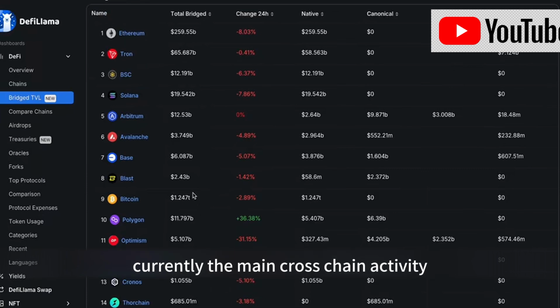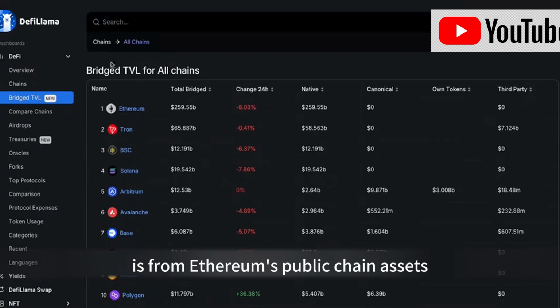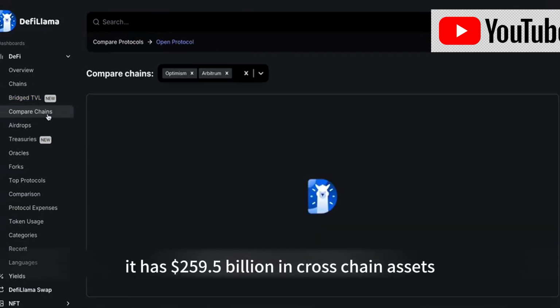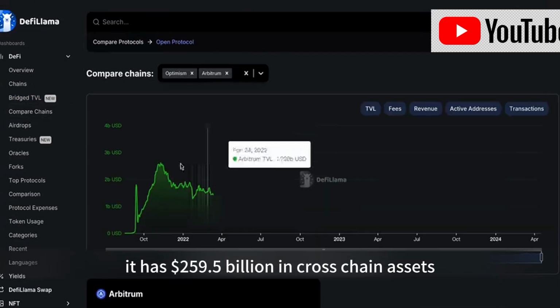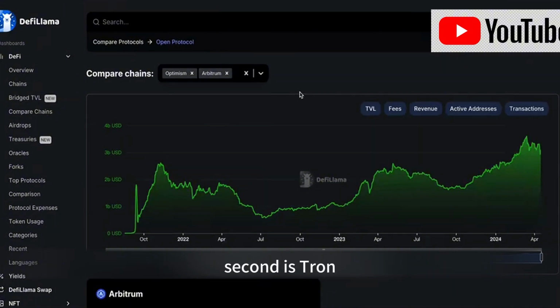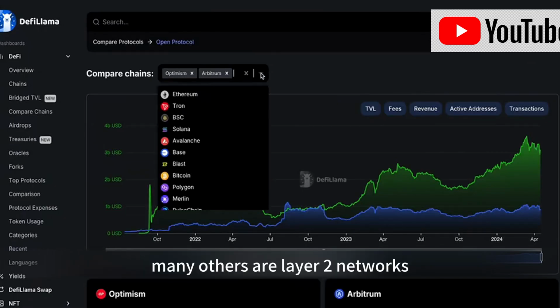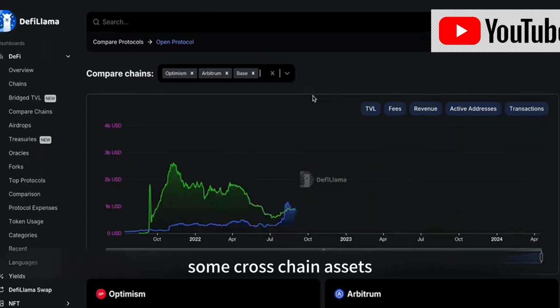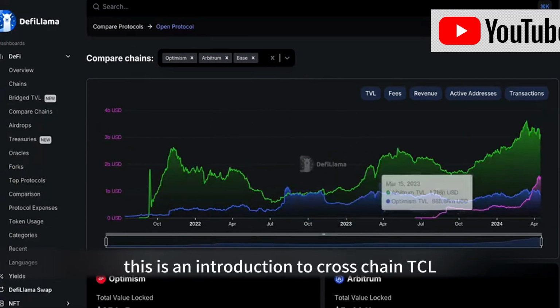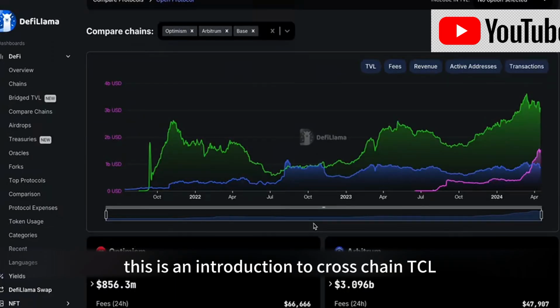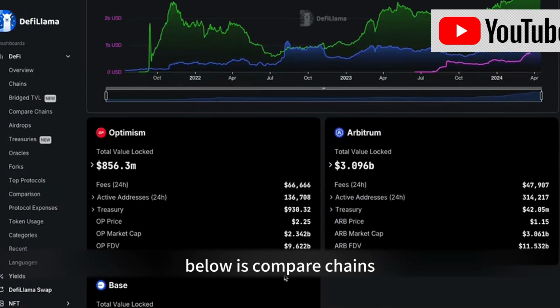Currently, the main cross-chain activity is from Ethereum's public chain assets. It has $259.5 billion in cross-chain assets. Second is Tron. Third is BSC, Binance Smart Chain. Fourth is Solana. Many others are Layer 2 networks, and Bitcoin now also has some cross-chain assets. This is an introduction to cross-chain TVL.